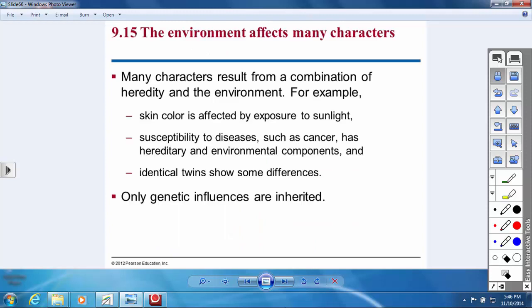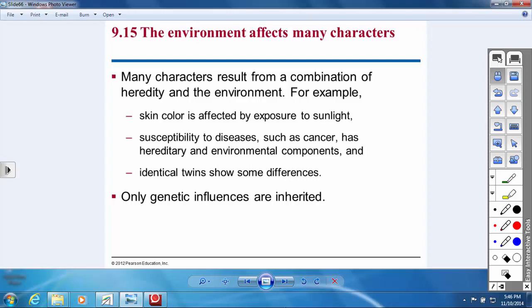Now, every phenotypic expression is the product of a genotype times the environment. So the environment has a big effect on what we look like as well as our genotype. Skin color is affected by exposure to sunlight.